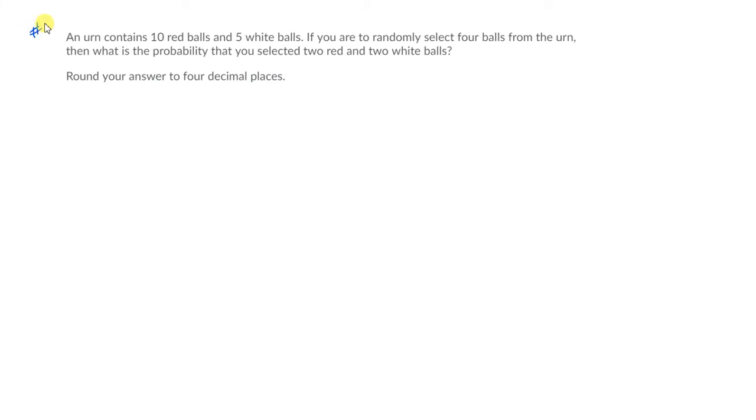Okay, so number 6 is going to turn out to be very similar to number 5. There are 2 categories, just like in number 5, where we had winning numbers and losing numbers. Here there are red balls and white balls. In the previous problem we needed to select 3 from the winners and 2 from the losers.